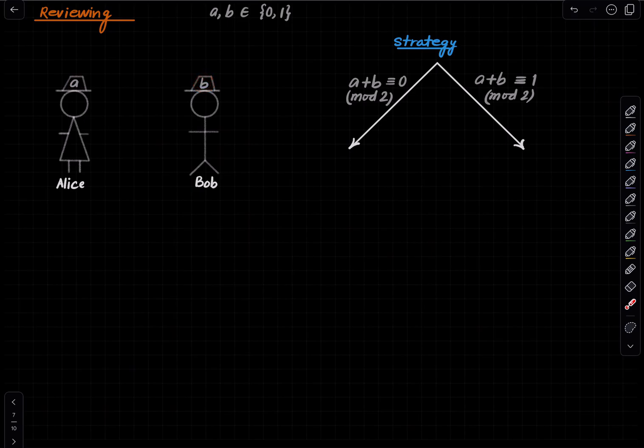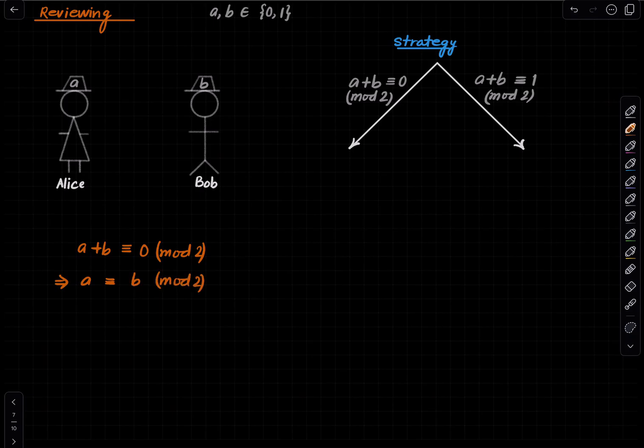So if Alice were to guess correctly, she has to answer A. But she has only B available. However, can we express A in terms of B in this setting? Yes, of course. If A plus B is congruent to 0 modulo 2, then A is congruent to B modulo 2. Note that A plus B congruent to 0 modulo 2 implies, or is equivalent to, A is congruent to B modulo 2.